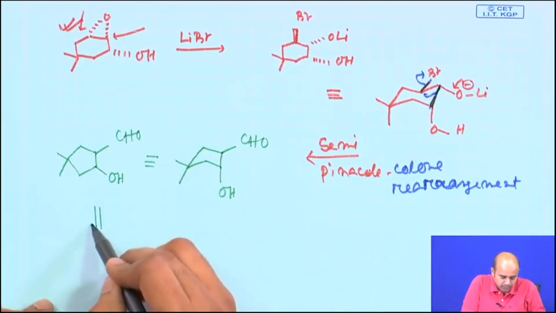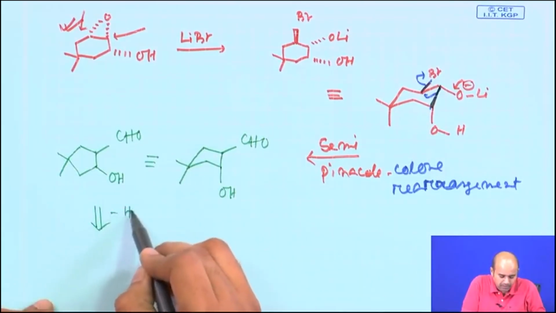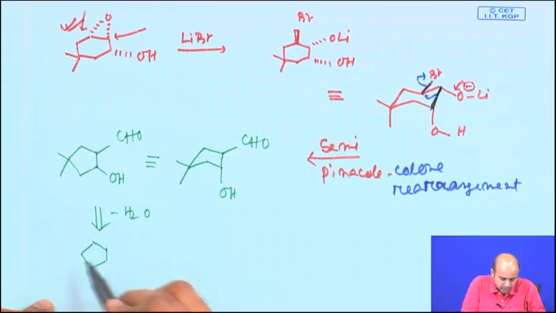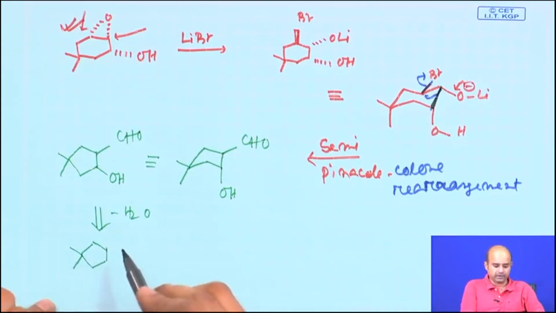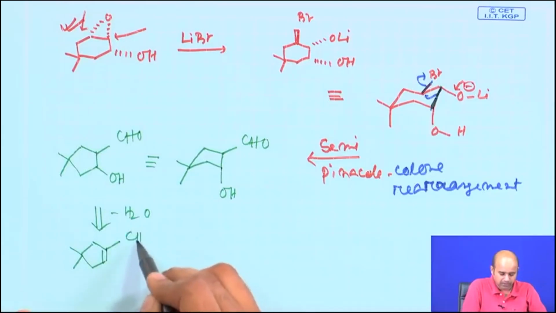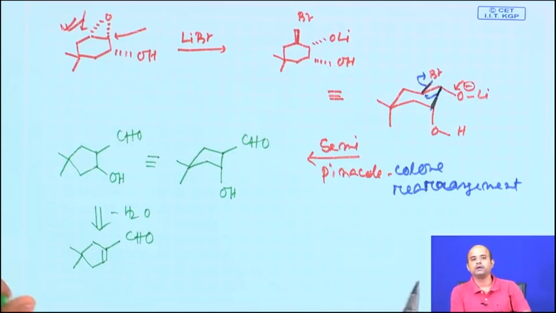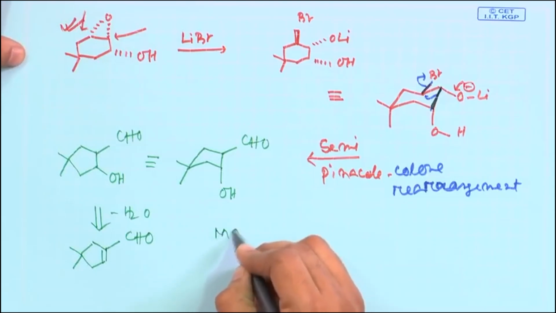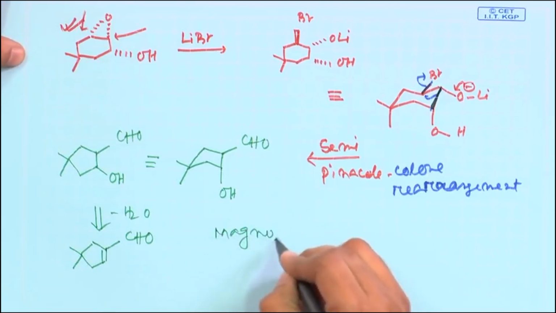Now, you can simply do a water elimination to close the entire reaction cycle, or rather to say you can do a series of reactions together to finally come up with this potentially useful target molecule, and this reaction is named as Magnuson ring contraction.